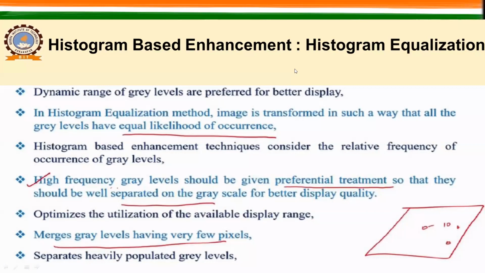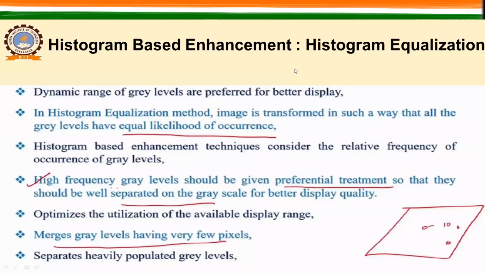So histogram based enhancement techniques consider the relative frequency of the occurrence of the gray level, and high frequency gray levels should be given preferential treatment so that they should be well separated on the gray scale for better display quality.